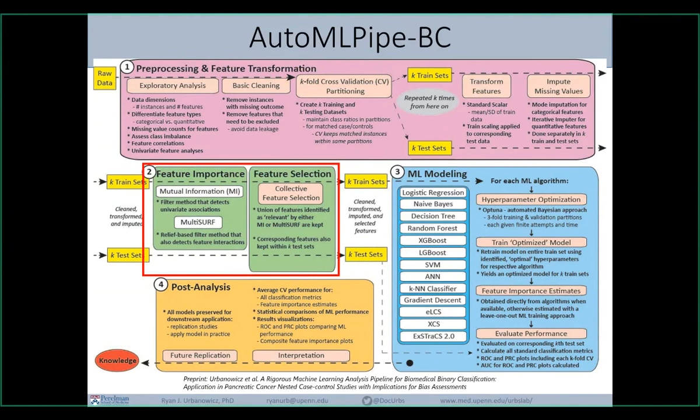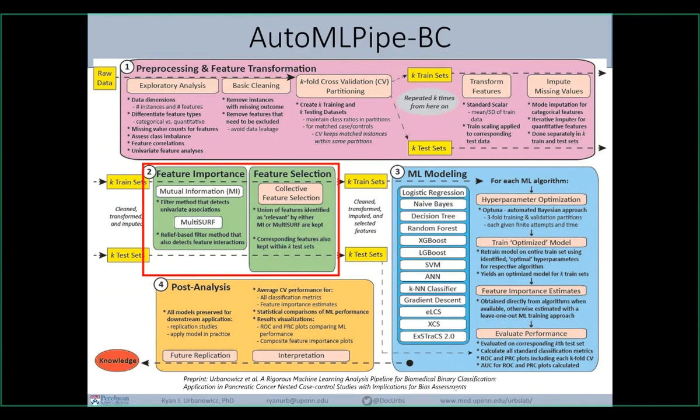We actually evaluate both, and then we combine the results using something called collective feature selection, which looks at the union of features identified as being relevant by either one of these approaches. So basically what happens is, if either method finds evidence that a feature is valuable, it's going to keep it and pass it on for machine learning modeling. It's a pretty liberal feature selection approach, but the user can set most of the run parameters of this pipeline to customize it further to the needs of their given study.